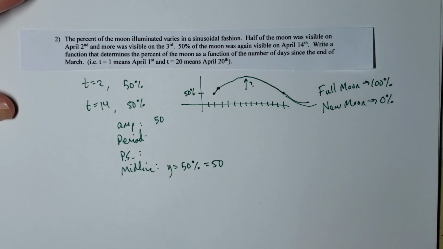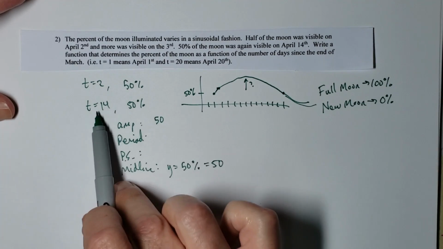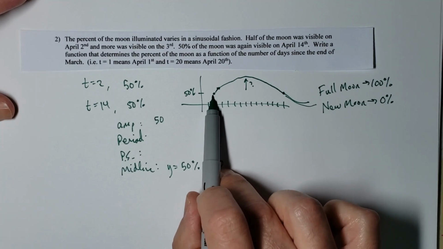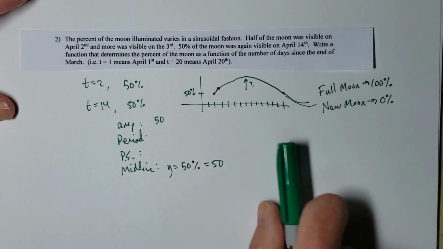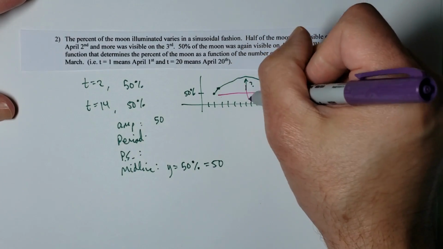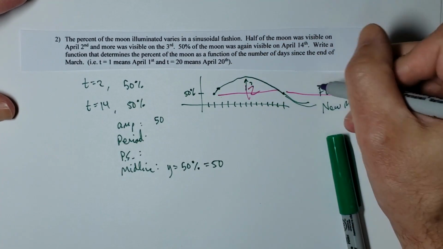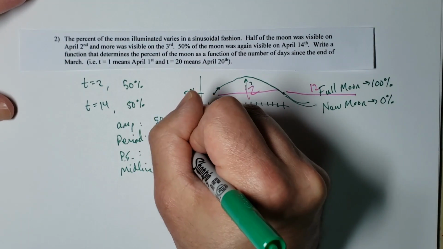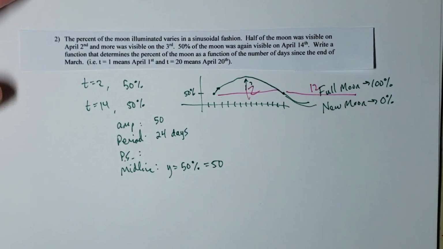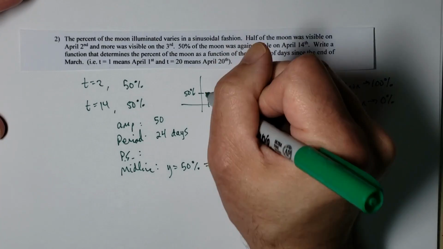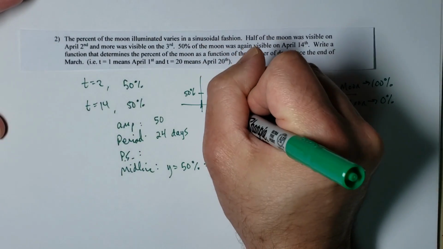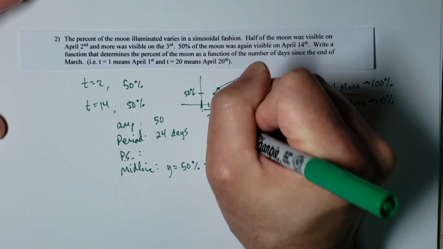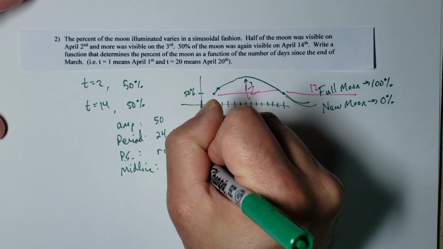The period, well, I know that it takes 12 days to go from the 2nd to the 14th. This is 12. So to get the whole way back to where I started, it's going to be another 12. The period here is 24 days. And the phase shift, well, if this is at 2, I've moved over to the right 2.